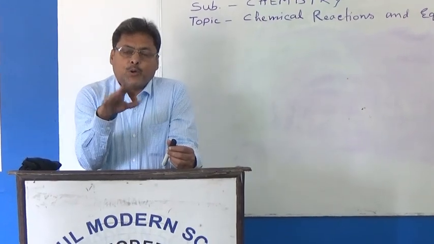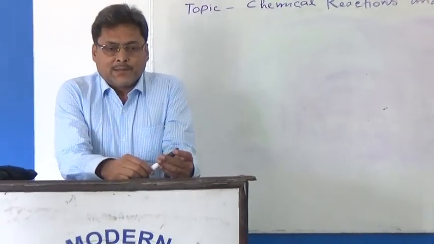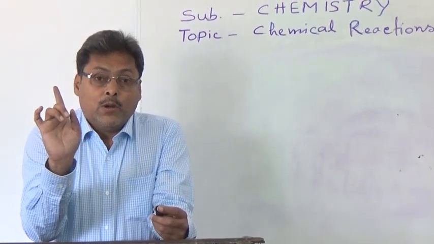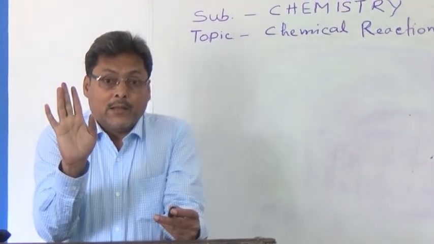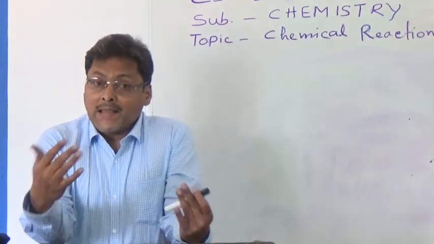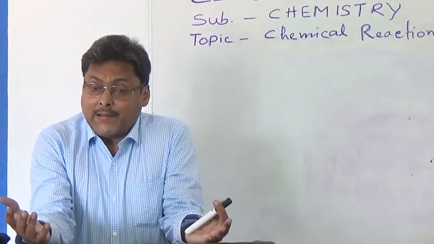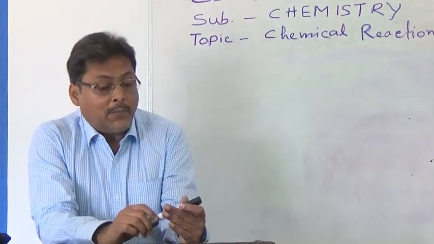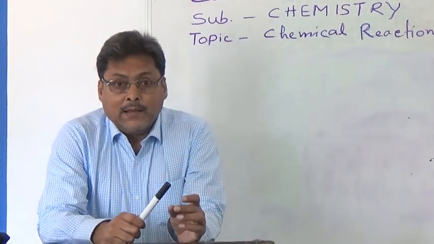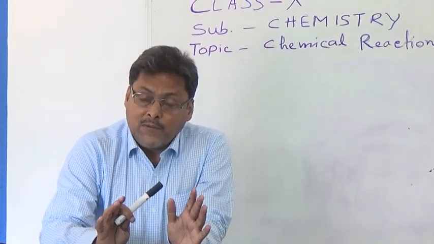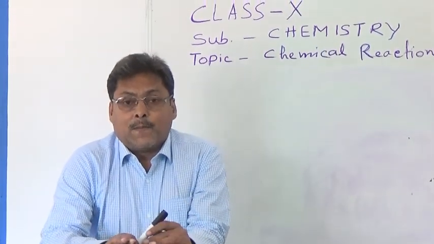Chemical reaction produces new substances, but I remind you here that no new mass is created, no new matter is created, because you have already read in the previous classes, there is a universal law, the law of conservation of matter.